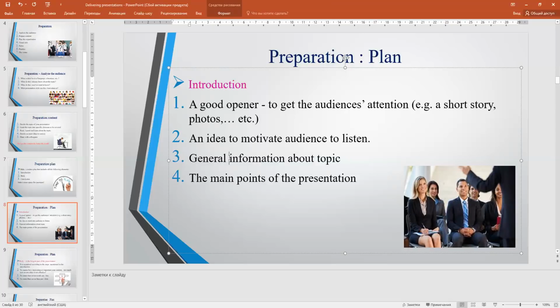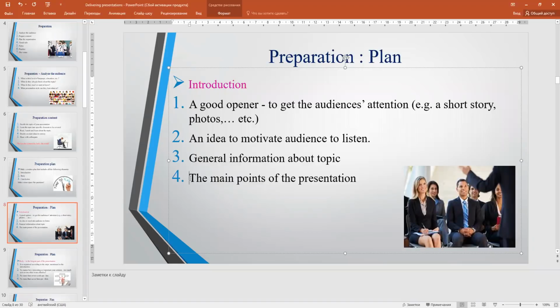Your sentences should be motivating and inspirational, because your audience should change their mind whenever they hear about your topic and the general information about the topic. You should include the general information about the topic in the introduction section of your preparation.